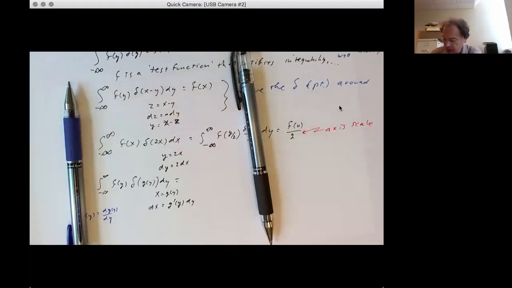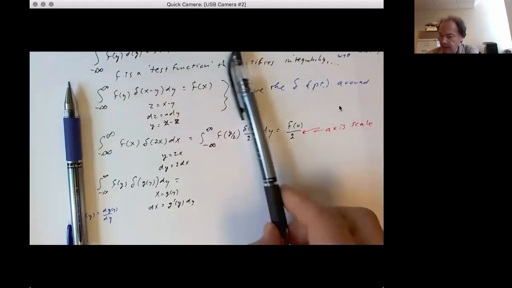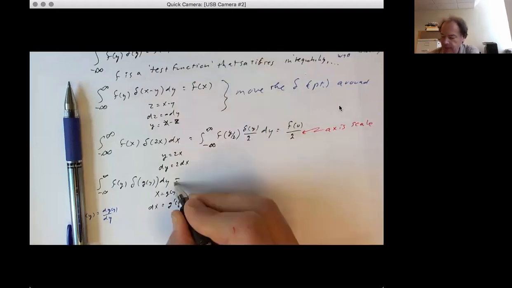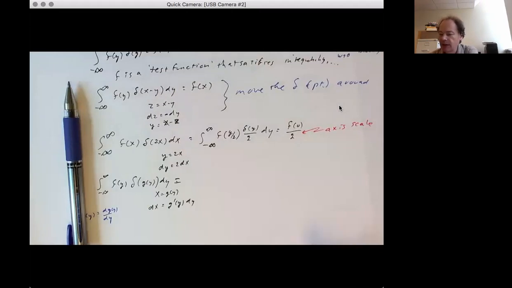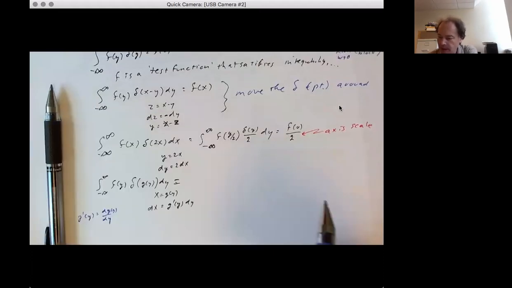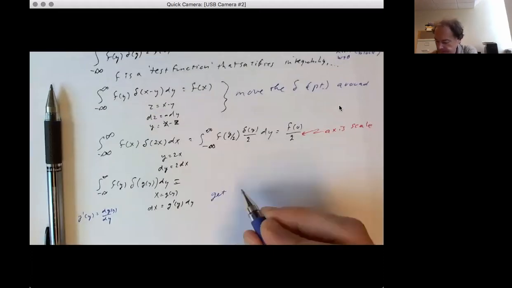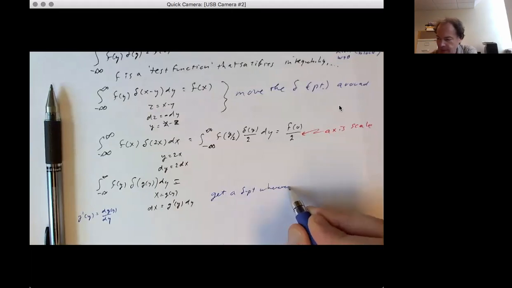And so the issue here is we're going to get a signal whenever g of y is equal to 0. So we get a delta function point wherever g of y equals 0.